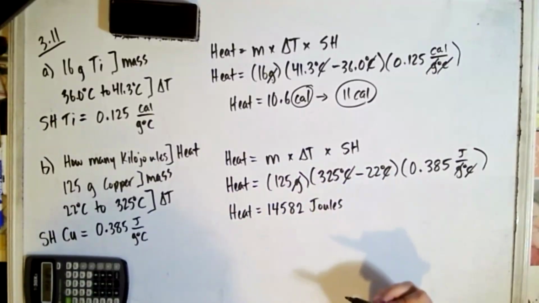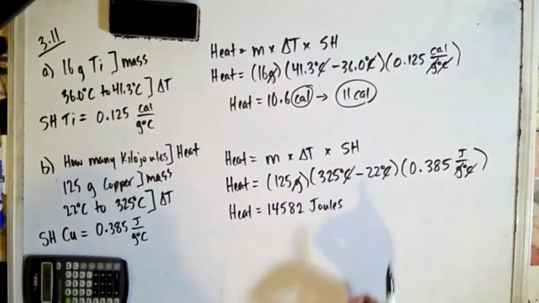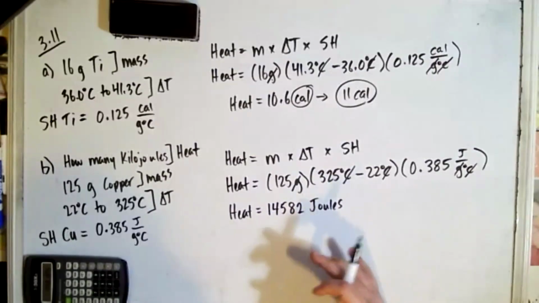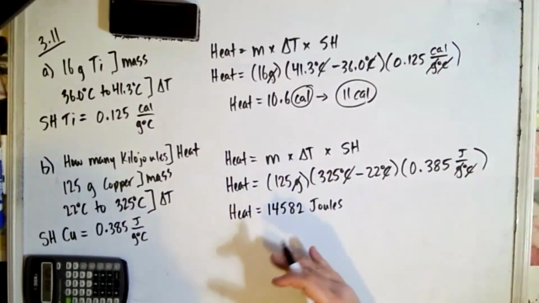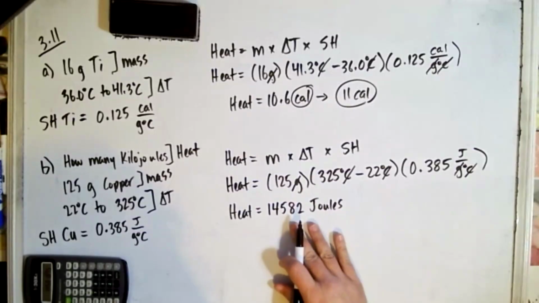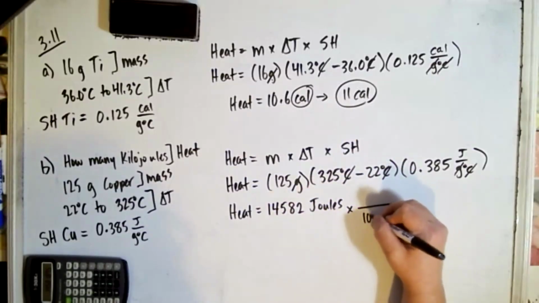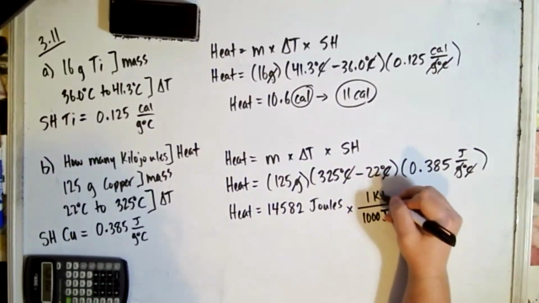Remember to read the question, because an annoying mistake to make for questions like this is doing all this work correctly and then picking the wrong answer because it's not what the question asked for. This question asks for how much heat there is in terms of kilojoules. So you want to take this number and make sure that you write down that there's 1,000 joules in every kilojoule.